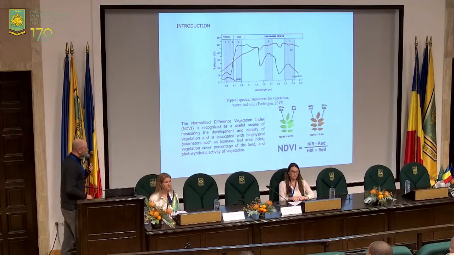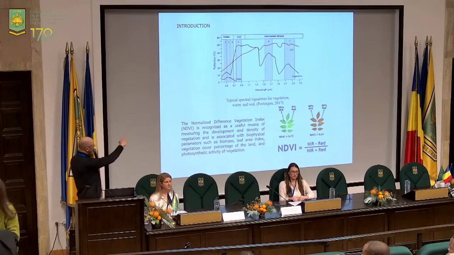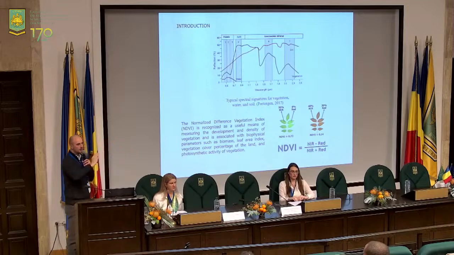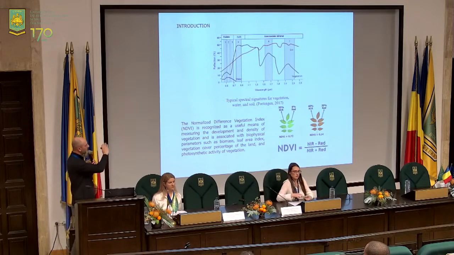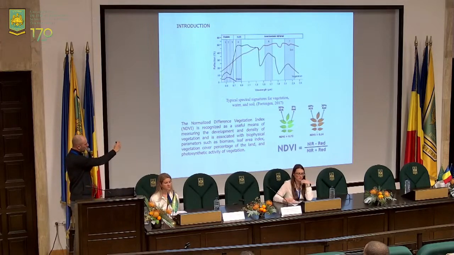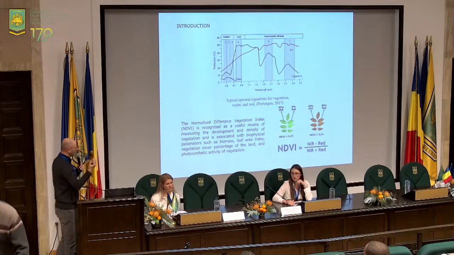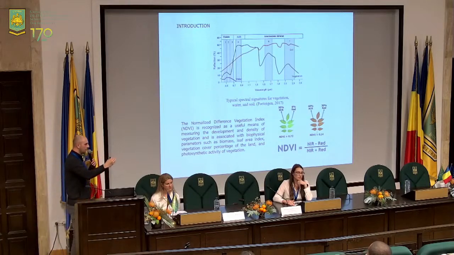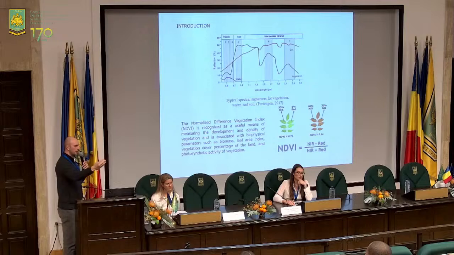This is the image of the typical spectral signature of vegetation. If the vegetation is healthy, this is the spectral signal it has. If it's not healthy, it will change. The plant absorbs the red for photosynthesis and expels the infrared so as not to burn.